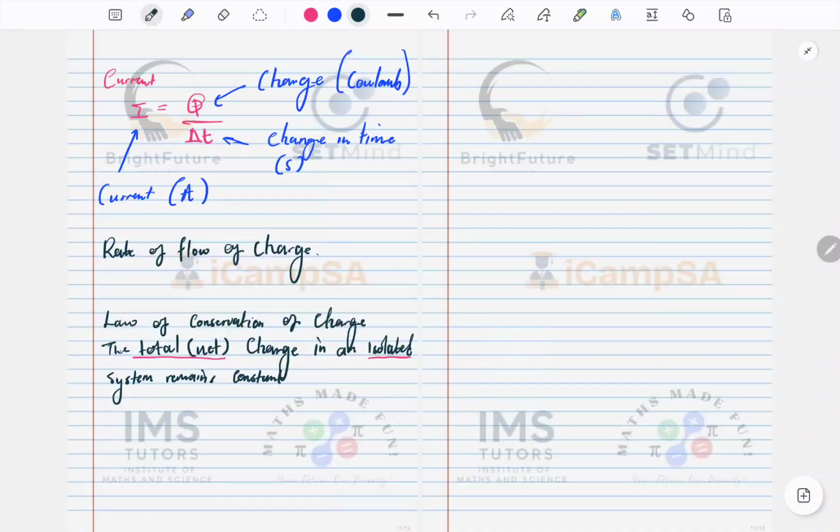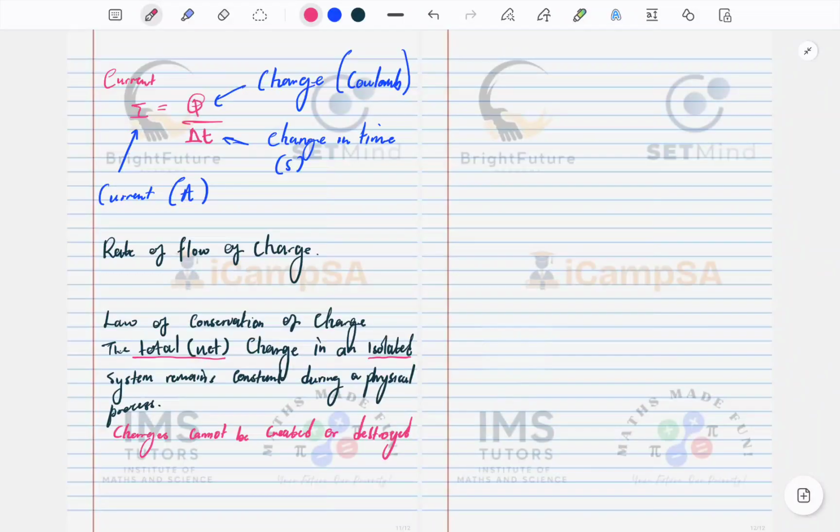Okay, let's say during a physical process, so we know that charges cannot be created or destroyed. Same as energy. Energy cannot be created or destroyed. Okay?